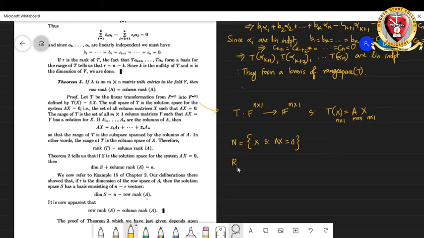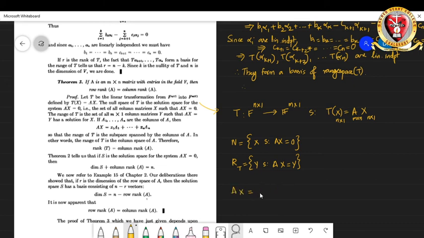Similarly, the range space is the set of all y such that Ax is equal to y. So if a1, a2, etc. an are columns of A, then Ax can be written as x1 a1 plus x2 a2 etc. xn an, right?